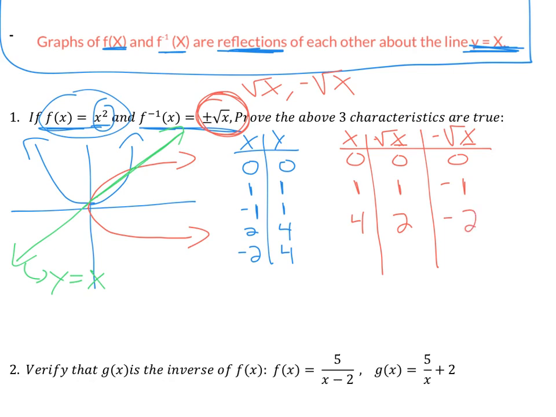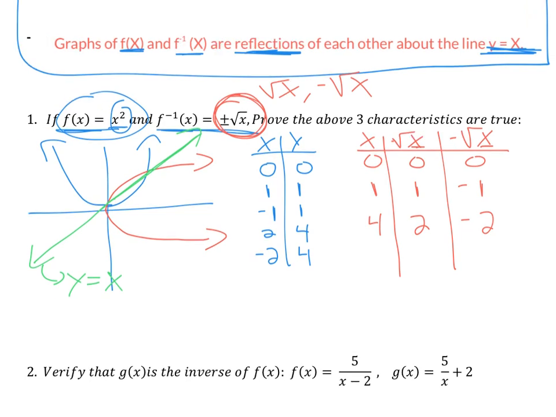So you can kind of see how these switch. We had negative 1, 1, but then this is 1, negative 1, right? 2, 4 becomes 4, 2. Negative 2, 4 becomes 4, negative 2. All right, so the x's and the y's switch. So that's the main thing. That's the second characteristic.